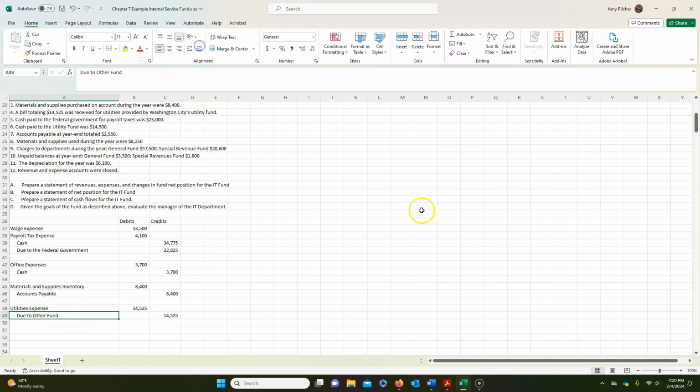I know there's a more elegant, faster way to do that, but okay. So on 5, cash paid to the federal government for payroll taxes was $23,000. So we're going to pay that amount due to the federal government.